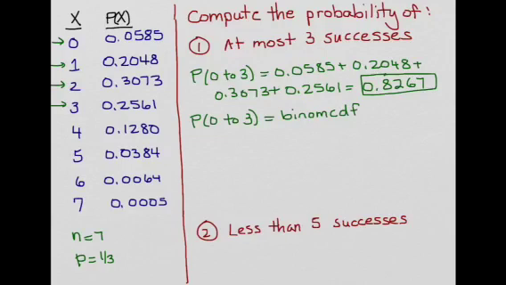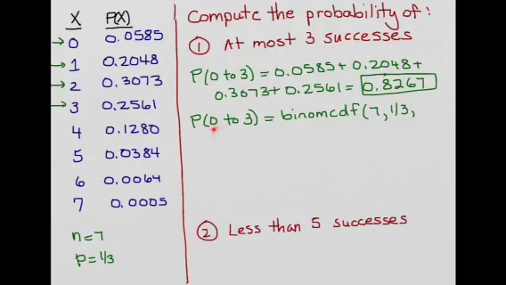It's right below the PDF function, so again you press second and vars to get there. And we give the number of trials again, probability of success, very much like the first thing. And now we want to give the maximum number of successes. We have to be starting at 0. That's the way the calculator is set up.